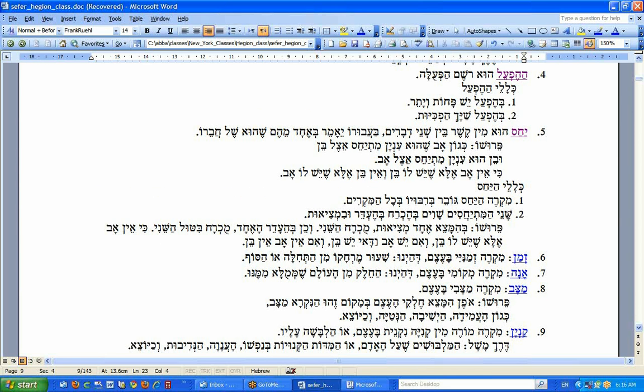Shnei ha-mityachasim shavim behechrach beheder u'b'metzias. Whenever two things are related, behechrach, so then when one is in existence, we must say that the other one is in existence. When one is not present, the other one is not present.